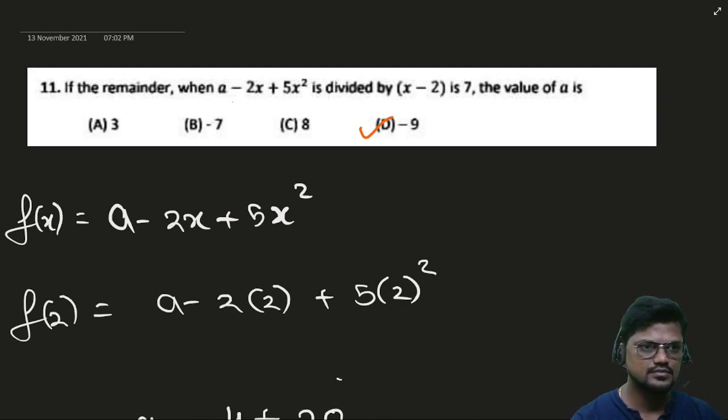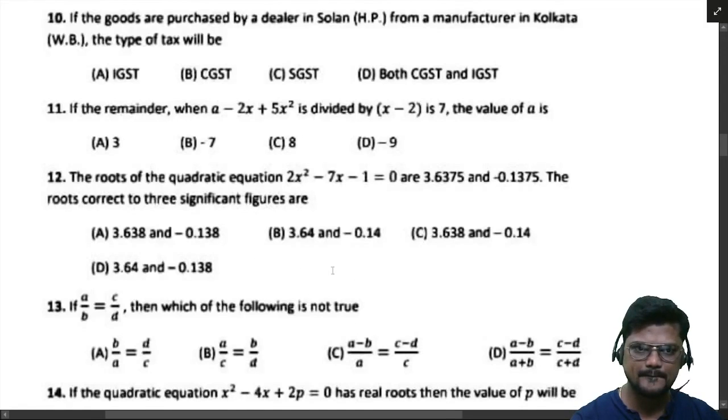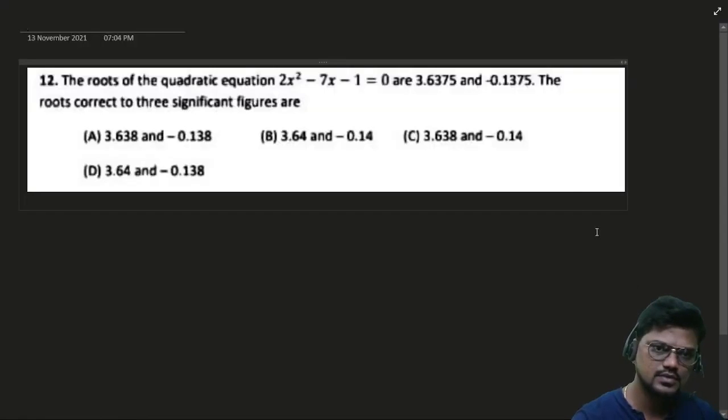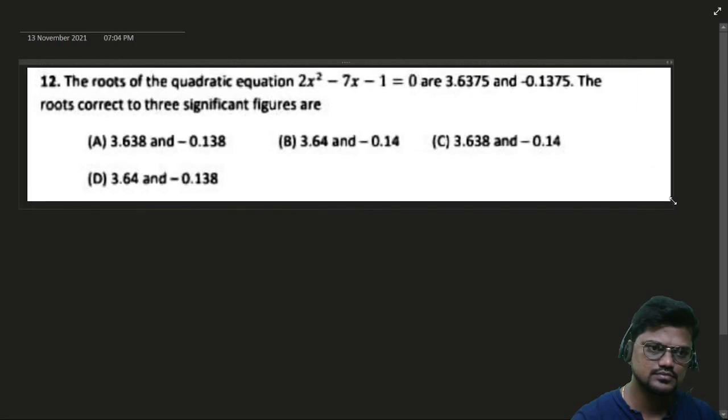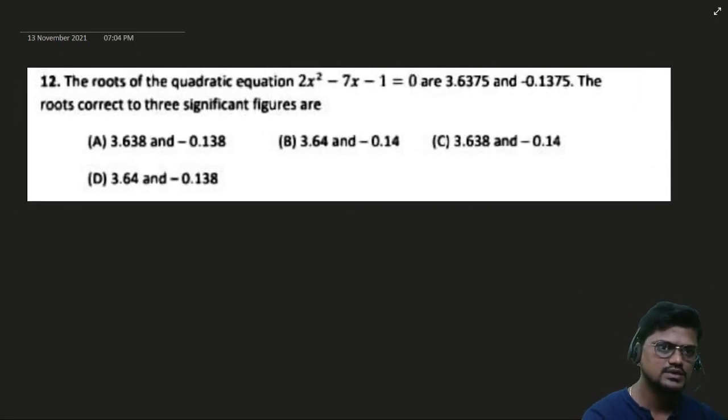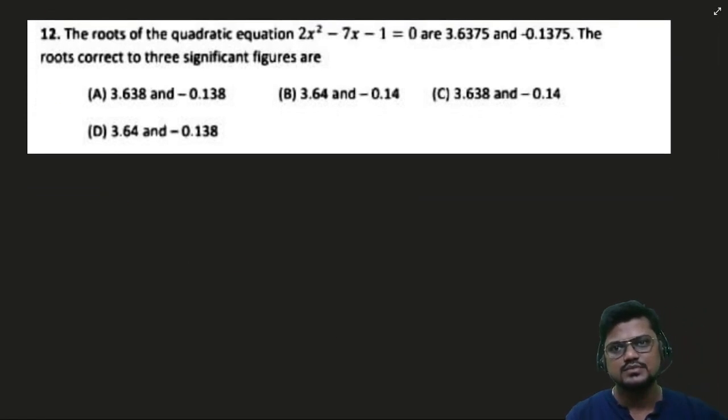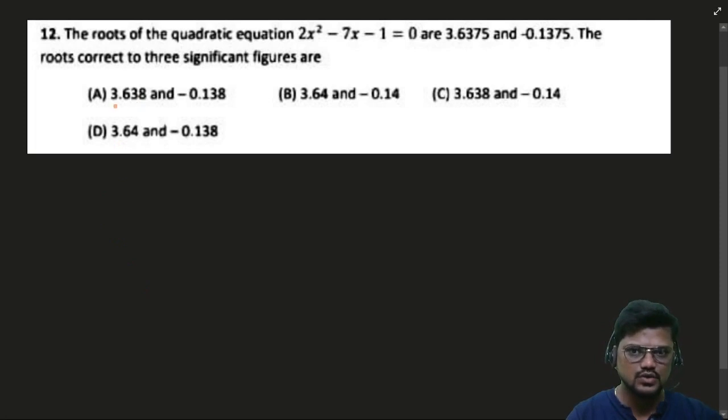Next. The next is 12th question. Please try to answer it. See, first of all, you should know what are significant figures. Now, see, over here, there are 4 significant figures.